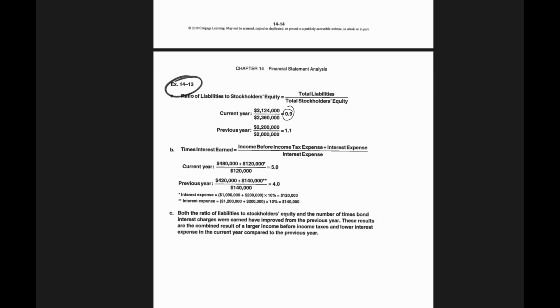So we actually have 1.2 million in bonds, 1.2 million times 10% is 120 grand. So our numerator in this case is the 480 plus the 120 divided by our interest expense calculates to 5.